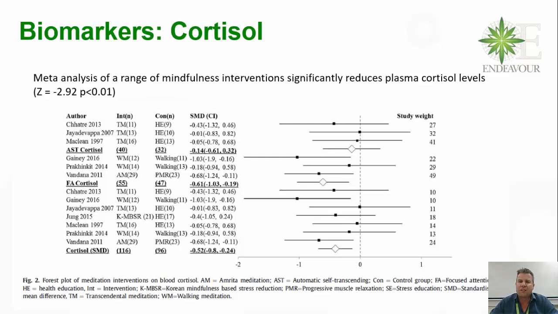So all the dots are shifted to the left, which means there's been a significant reduction overall in all of those studies where they measured cortisol following a particular mindfulness intervention. And those mindfulness interventions were things like meditation, stress education interventions, walking meditation interventions, transcendental meditation interventions, and they all had a control arm and a study arm, and they basically measured the effectiveness of those interventions at reducing stress by measuring cortisol levels in these patients.